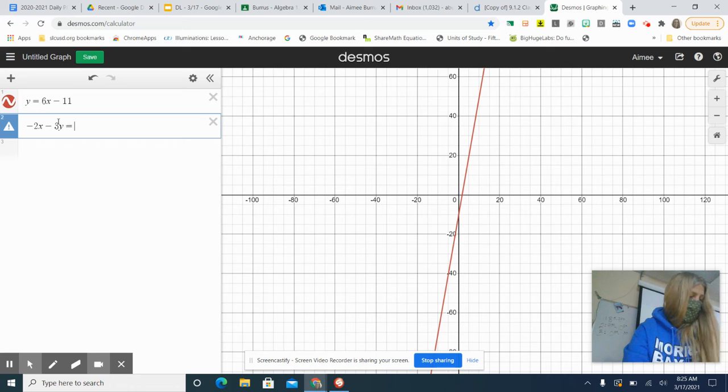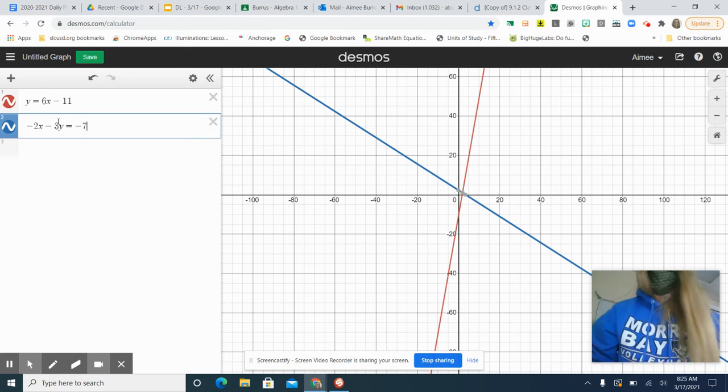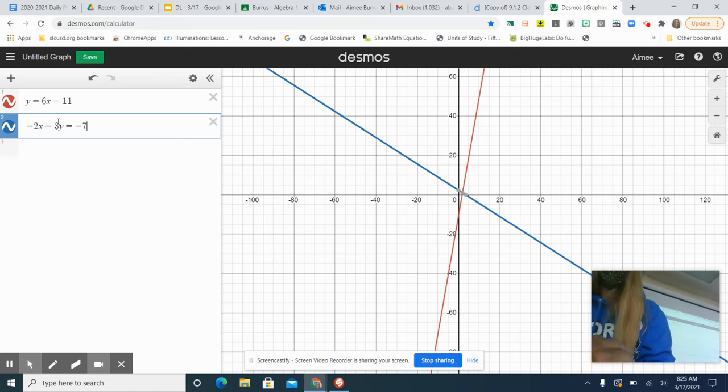Yeah. And it's a good answer check when you're doing that. So we have on our Desmos, y equals 6x minus 11.